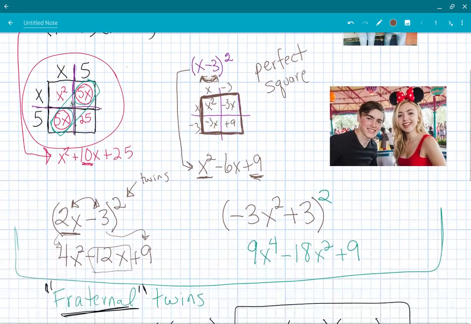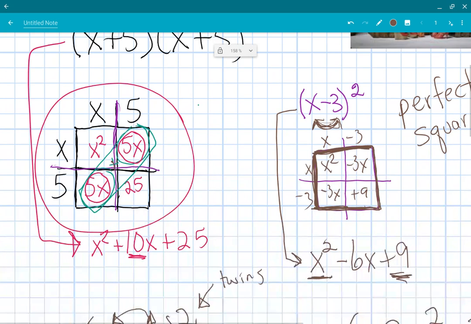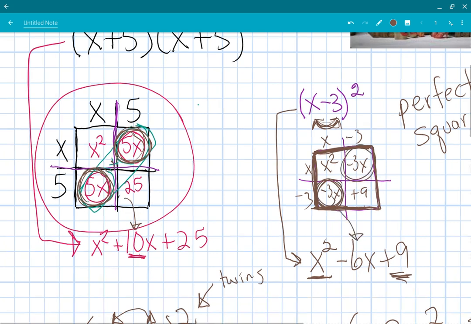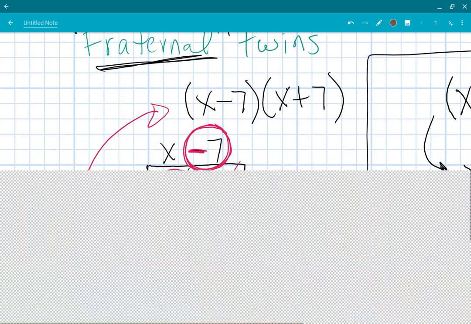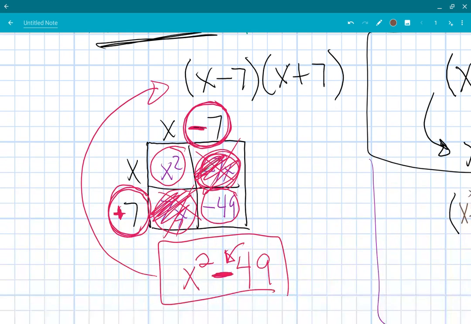Identical twins, they double up. These double up, right? 5x and 5x becomes 10x. Negative 3 and negative 3 double up, turn into negative 6. Fraternal twins, they cancel each other.